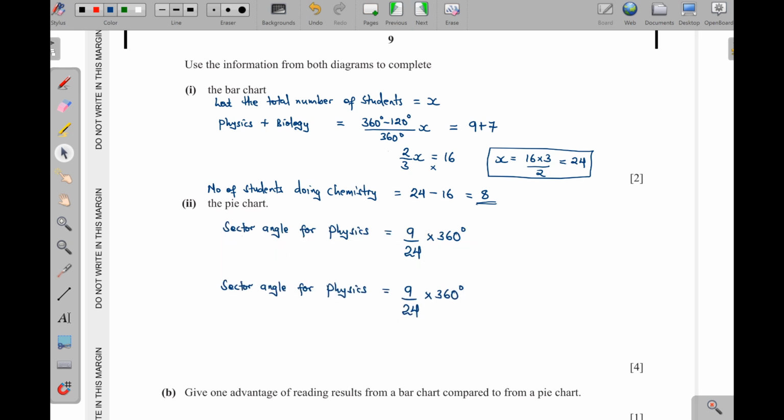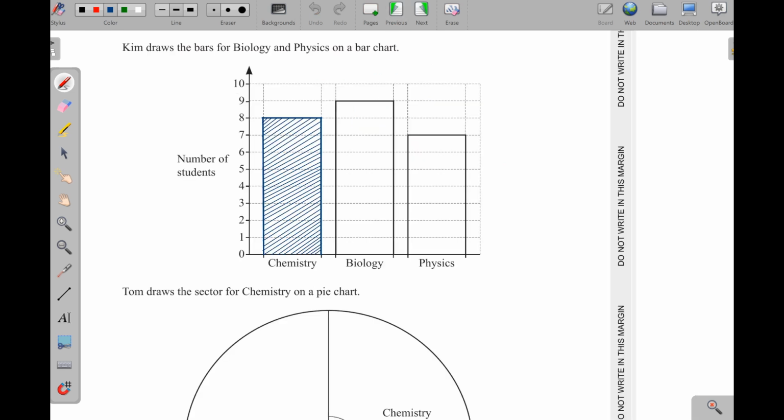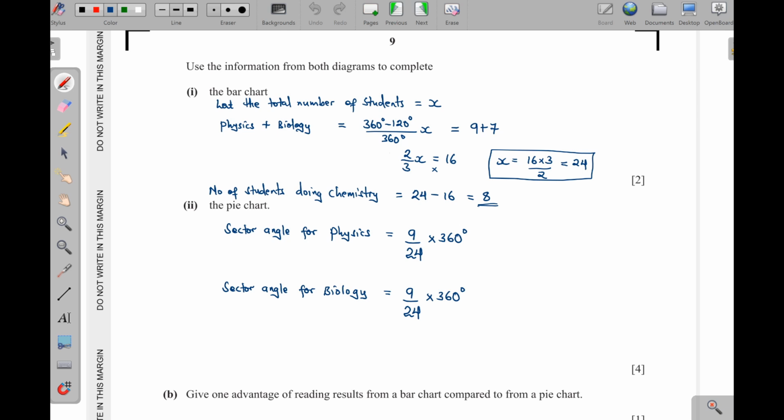And then next we have the sector angle for those doing what? Biology, right? So sector angle for biology, those doing biology are, by the way, biology is 9, then physics is what? 7. Pardon me here. So physics, I need to switch them here. This is biology.